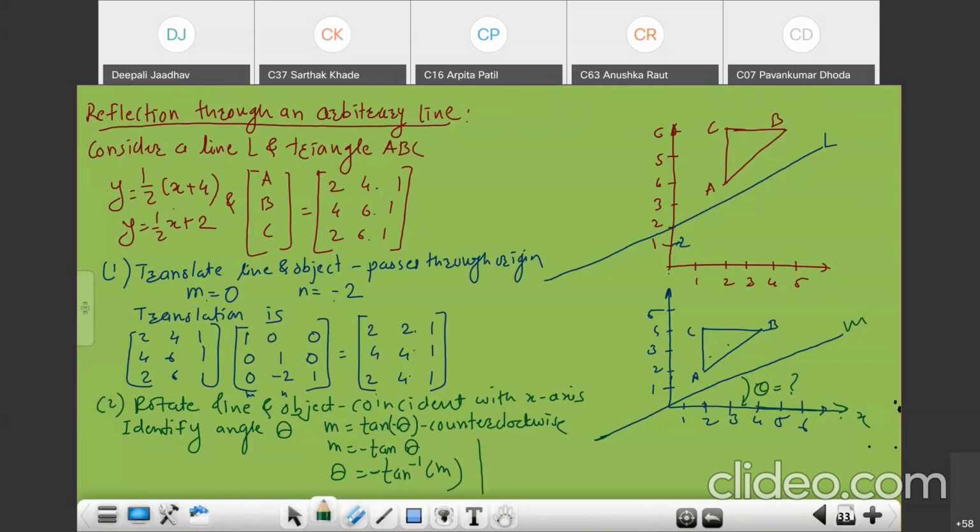So theta is equal to minus tan inverse 1/2, which, if we calculate it with the calculator, is minus 26.57 degrees. So here it is minus 26.57 degrees. We need to rotate this line and the object so that the line becomes coincident with the x-axis and we can reflect the object.